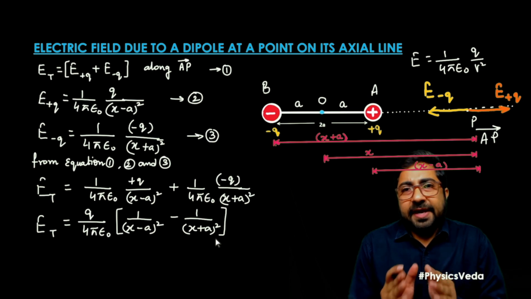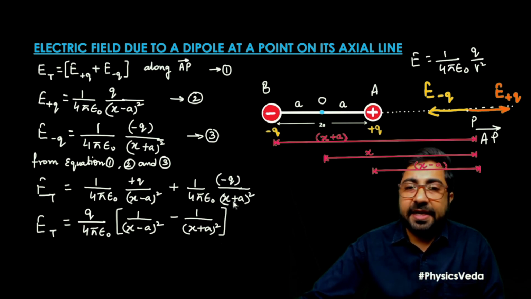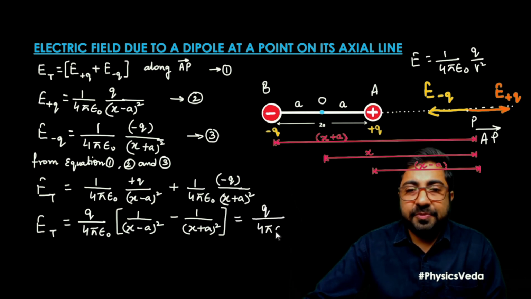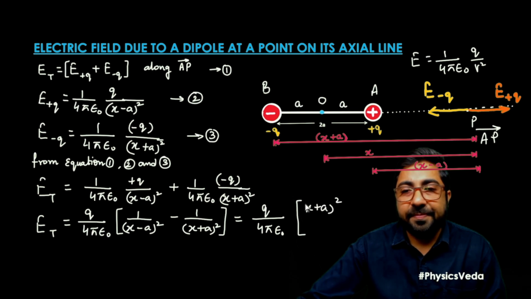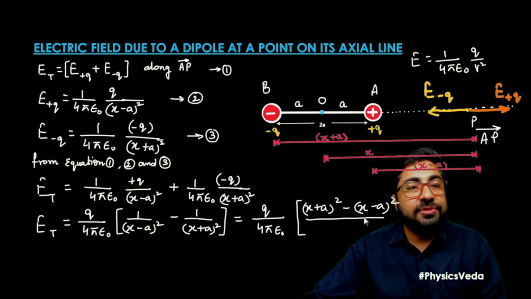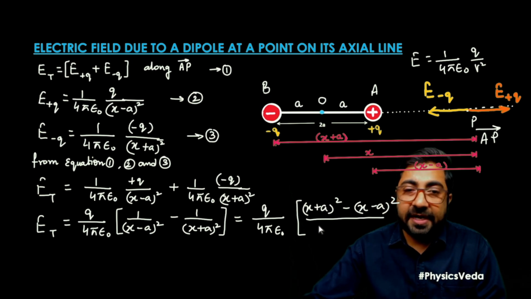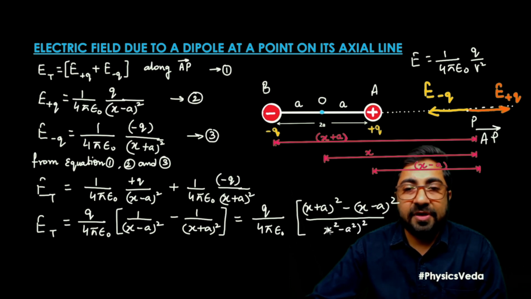Now we can take the LCM of both fractions and get the result: q upon 4 pi epsilon naught times x plus a whole square minus x minus a whole square, and in the denominator we can use the algebraic identity of a plus b and a minus b. With that identity I can write x square minus a square to the power 2.